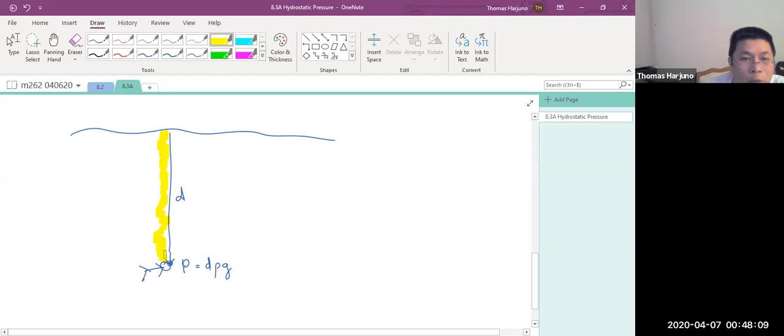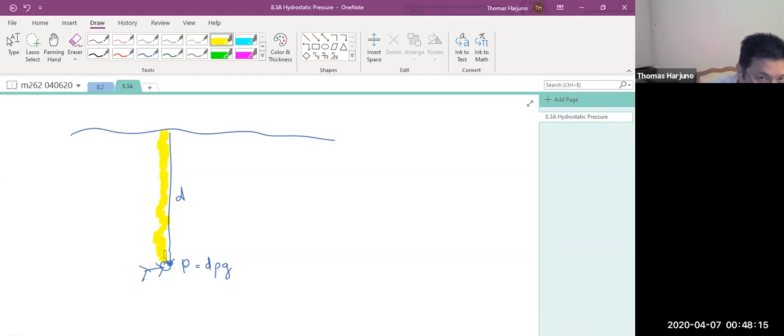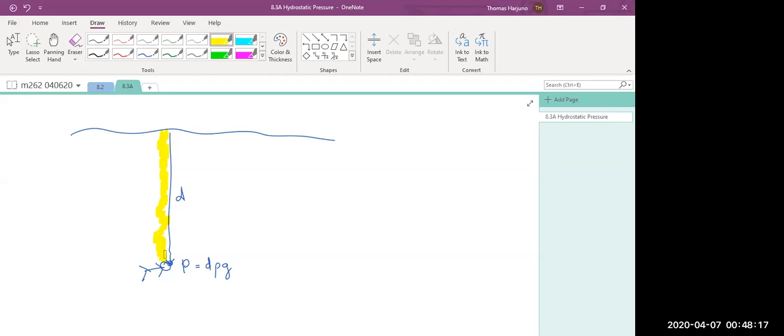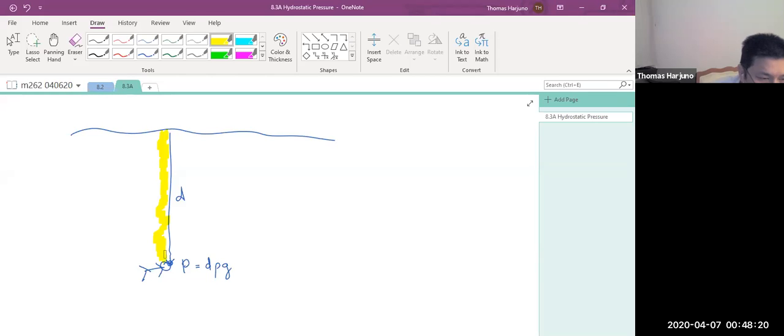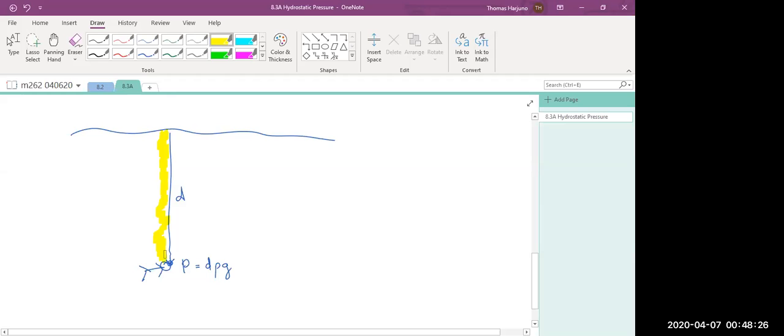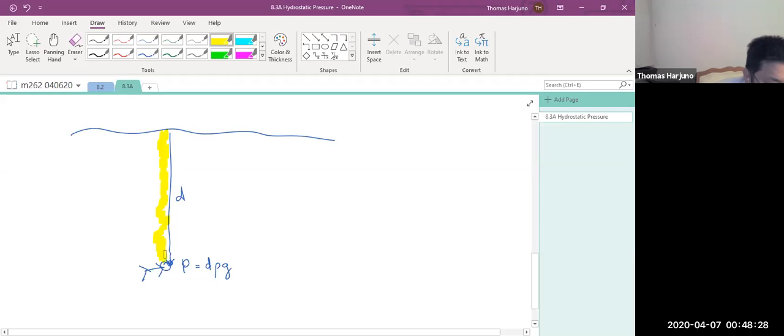That's why if you dive way too deep, your body will shrink and get smaller. Your body volume will get smaller, because what? The pressure, right? The water is actually pressuring your body.